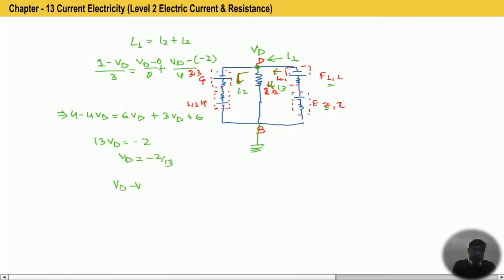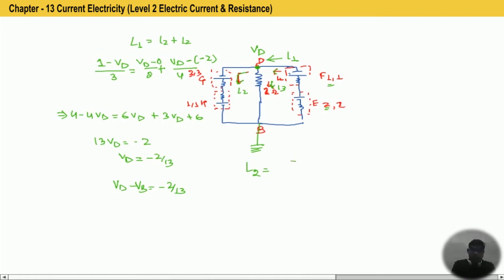It means VD minus VB is equal to minus 2 by 13. Okay. Now next, if we calculate current I2 as shown in this figure, then I2 is equal to VD minus 2 by 4.